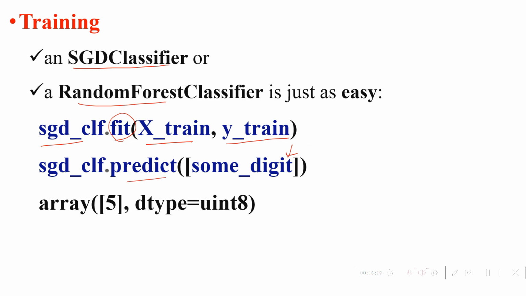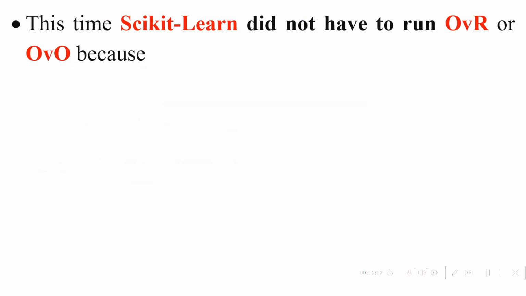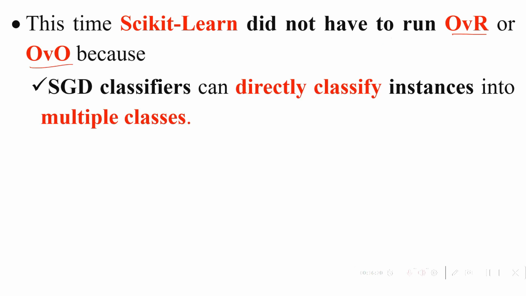Here it displays the output: the index value is 5 and the data type is uint8. This time scikit-learn did not have to run one versus rest or one versus one, because the stochastic gradient classifier can directly classify the instances into multiple classes automatically.